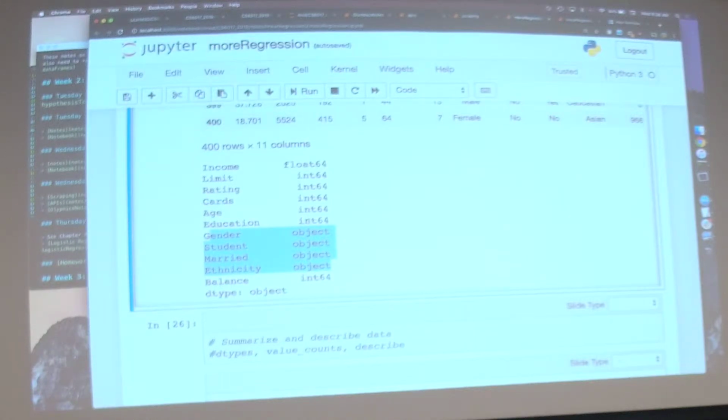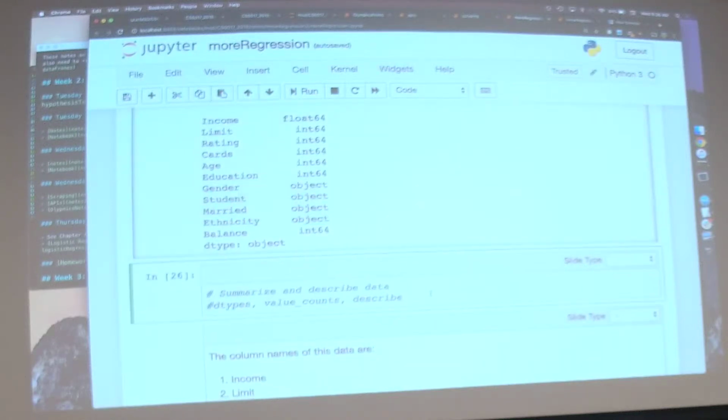Cool. All right, so this is our data. The first thing we want to do is just get an overview of the data. We saw the data types. Other things we might be interested in are the value counts.